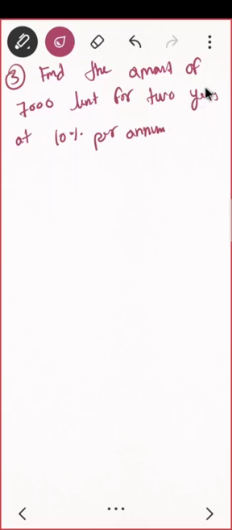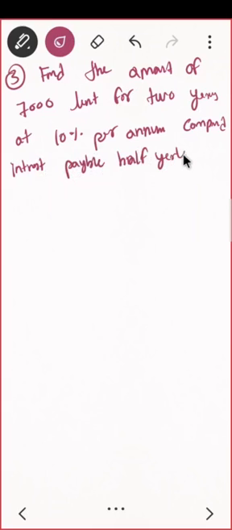Compound interest payable half yearly. How will you do this? Find the amount, 7,000 lent for 2 years at 10% per annum.